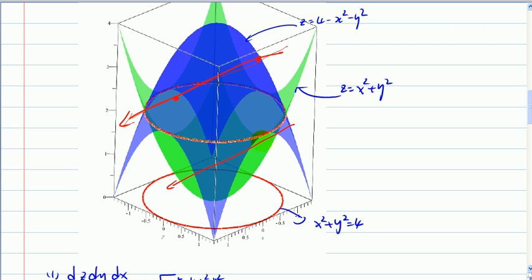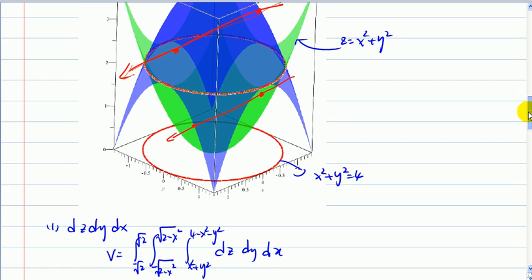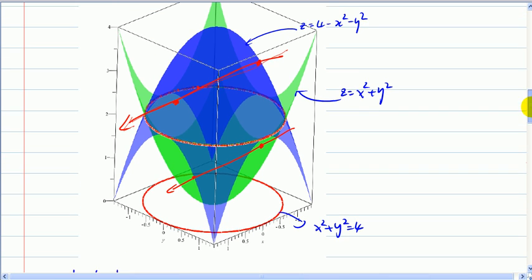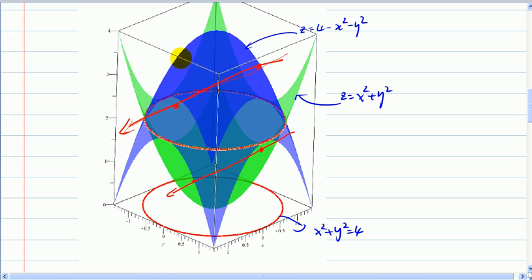When you draw it in the lower portion, your x min and x max are here. They're different, so we have to do it piecewise. Piecewise means we separate the whole region D, the whole egg, into two portions: the first portion is D1, the second portion is D2.